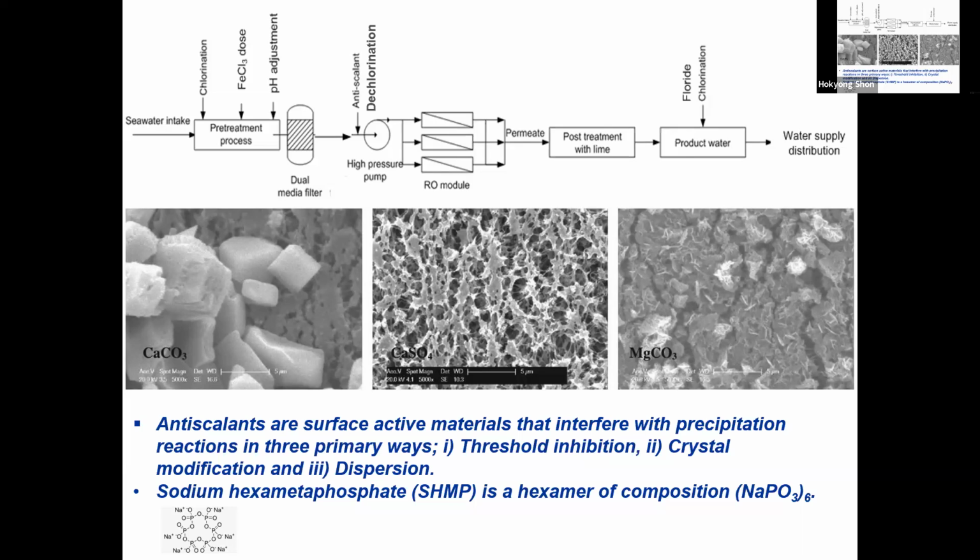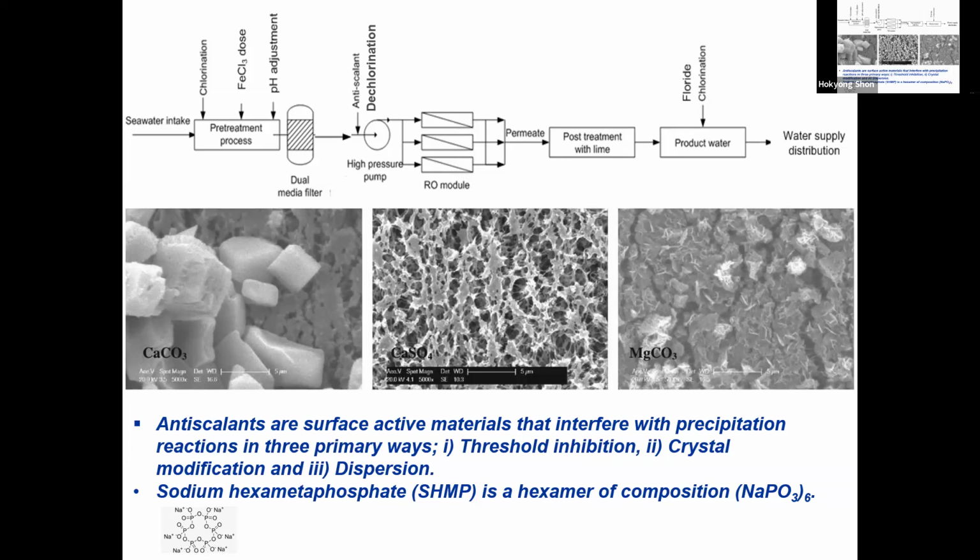So water cannot pass through. Also, calcium sulfate in the middle. Calcium sulfate is this kind of inorganic scaling you create. Also magnesium carbonate. Seawater contains a very high concentration of carbonate because of the CO2 relationship.